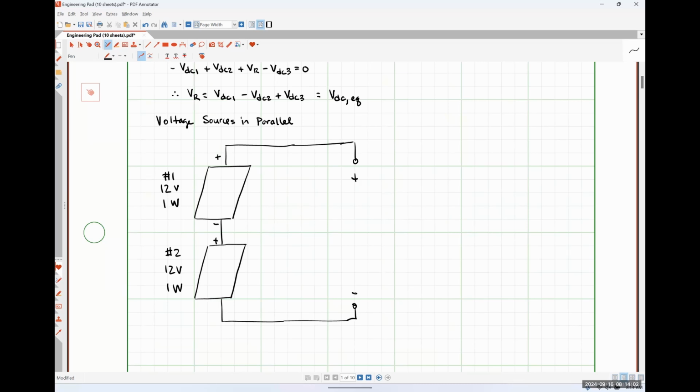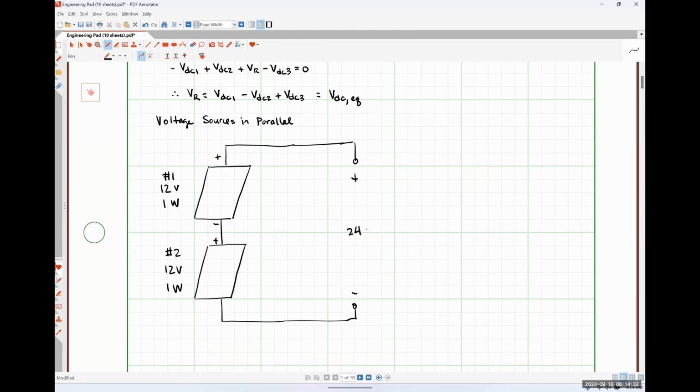What would be the voltage seen across those open circuited terminals on the right-hand side of the network? Each of those panels counts as a 12-volt source, wired in series. So what's 12 plus 12? I feel like it's 24. Okay.